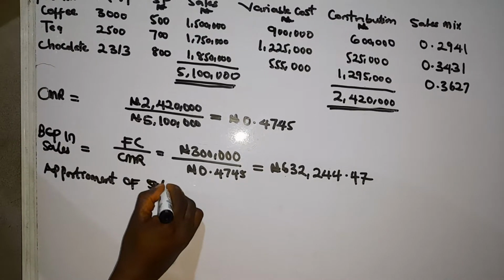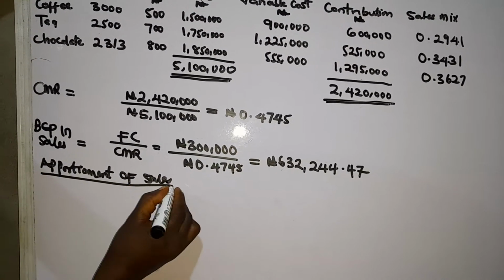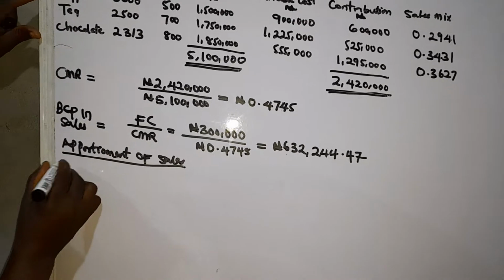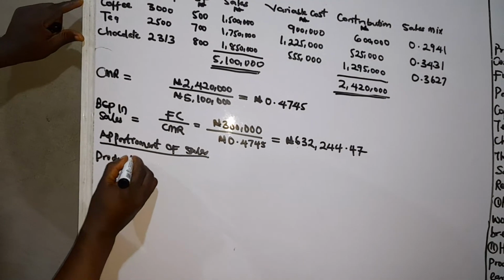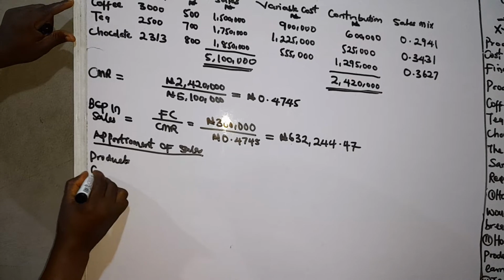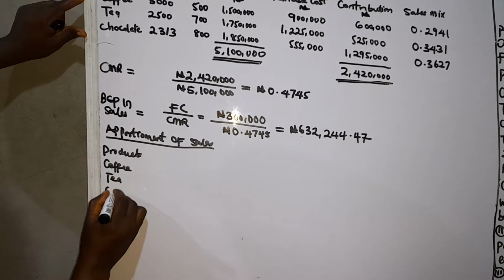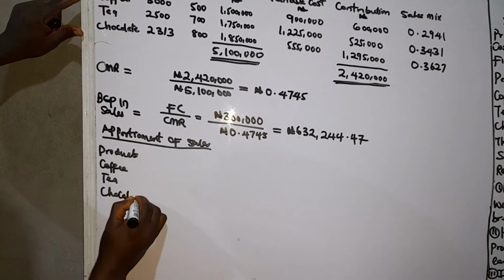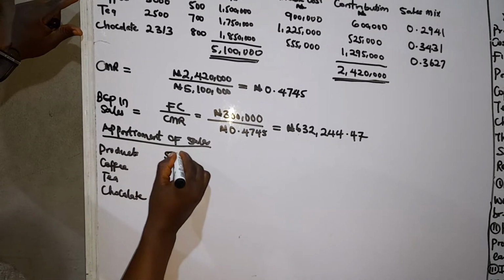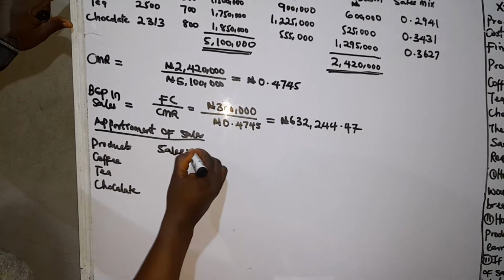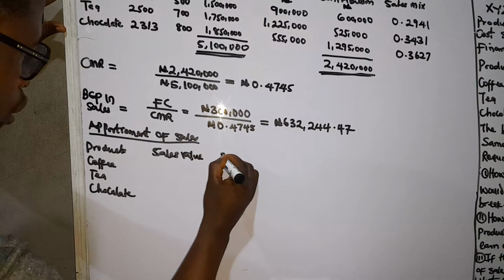So that will now take me to apportionment of the sales. So I have my products, which is coffee, tea, and chocolate. Then I'll bring in the selling price.